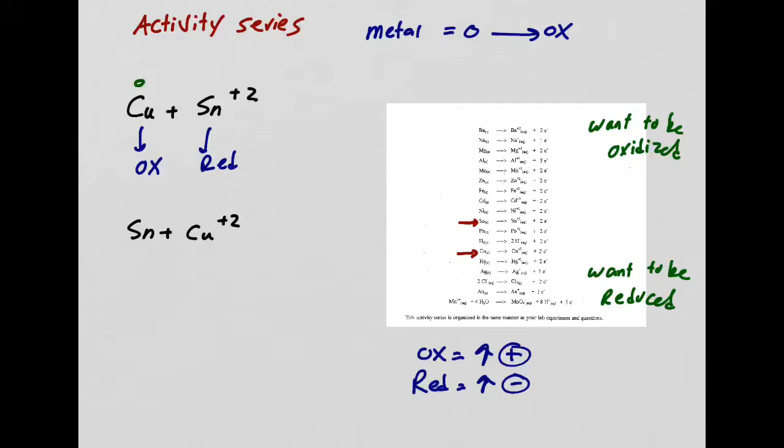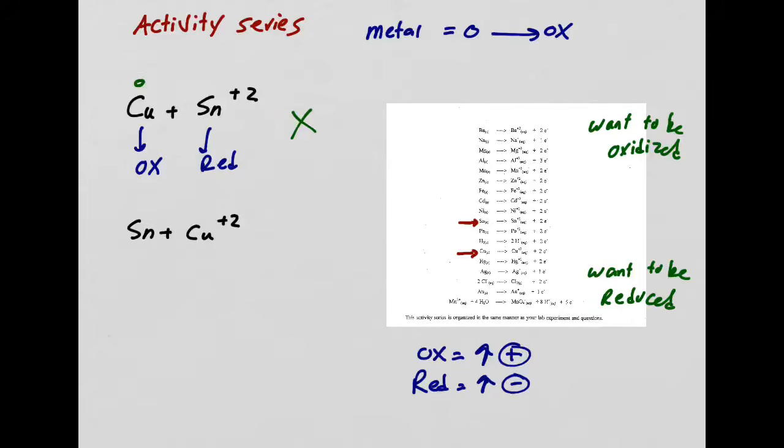The one that gets oxidized has to be higher on the activity series than the one that gets reduced. I'm going to repeat it one more time. That's not the case here, because tin got reduced and copper got oxidized. So copper is lower than tin, and this reaction is not going to happen.